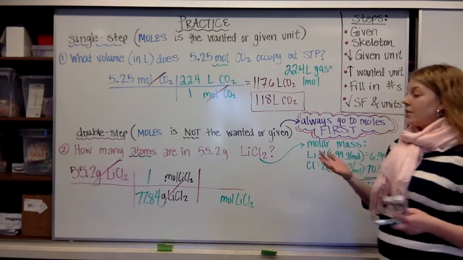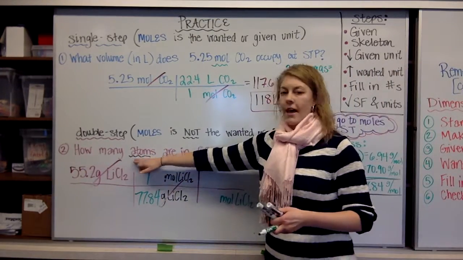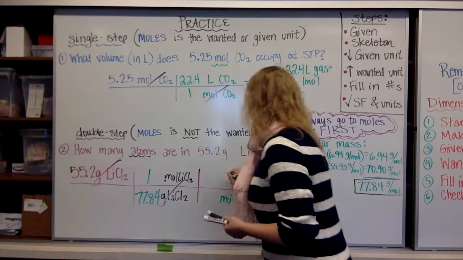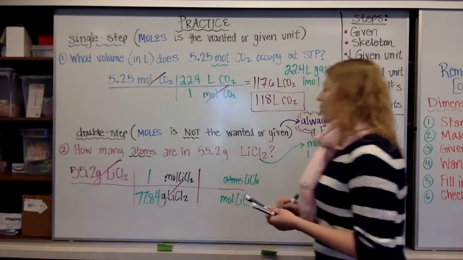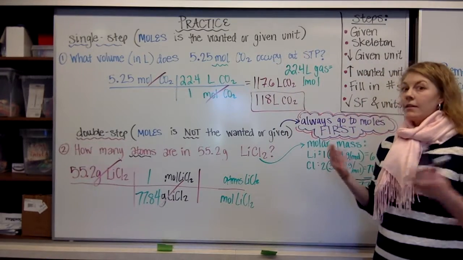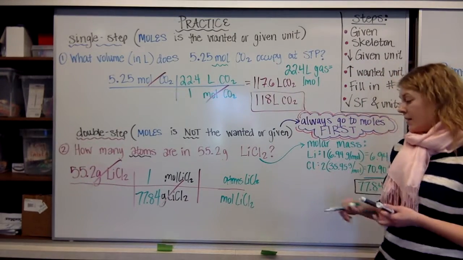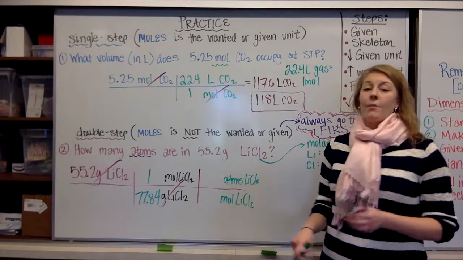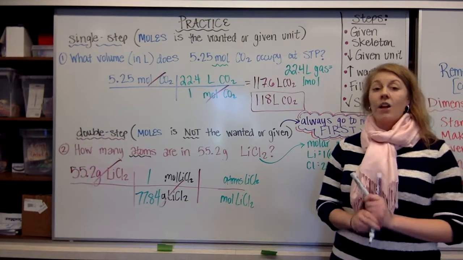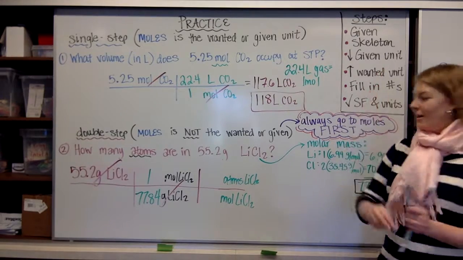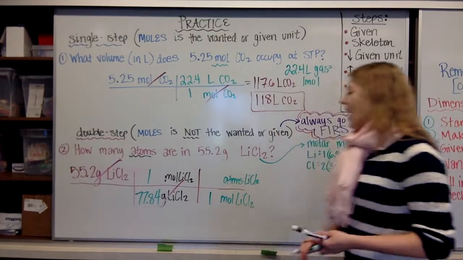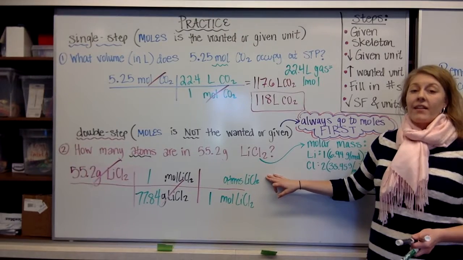What is my wanted unit? Atoms. So, atoms of LiCl2 go on top. From our equivalency statement, how many moles is equal to how many atoms of LiCl2? Our number of moles is always 1. How many atoms of LiCl2?